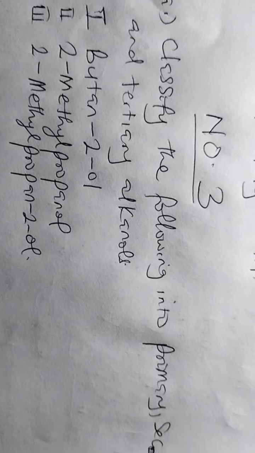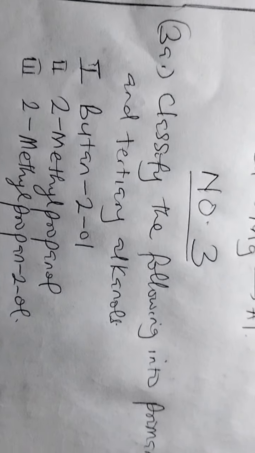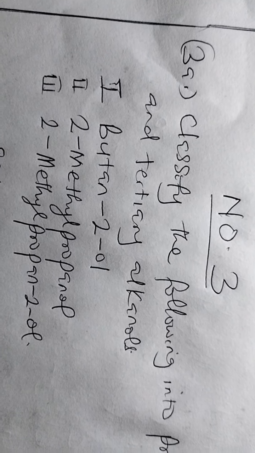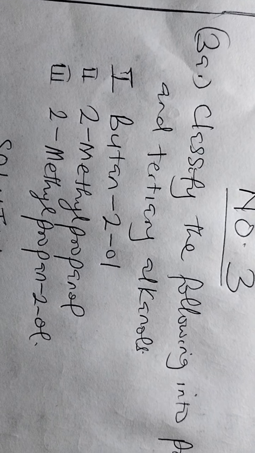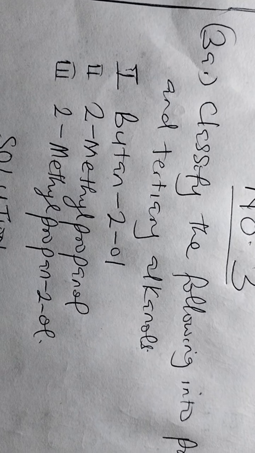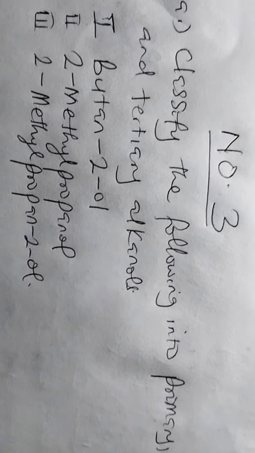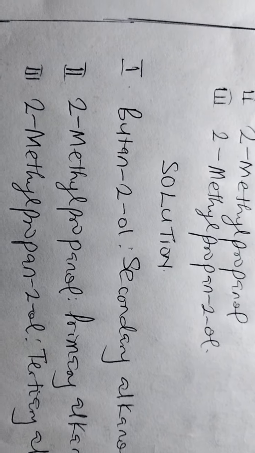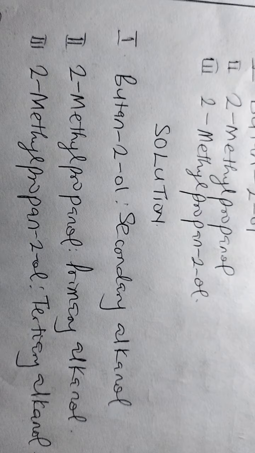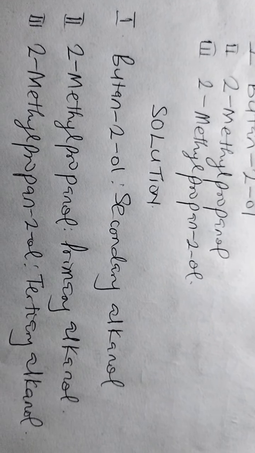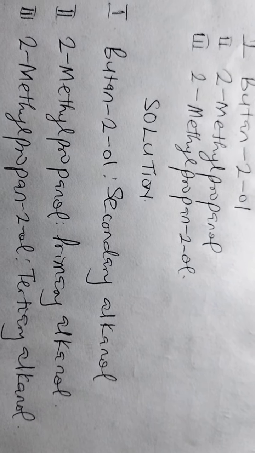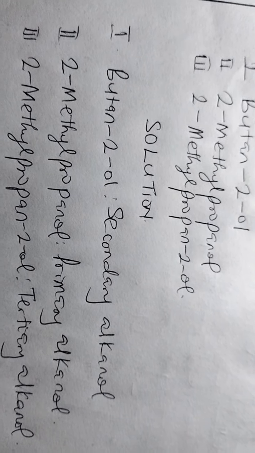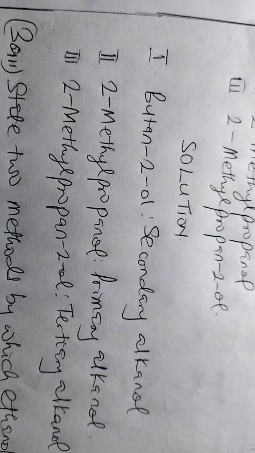Number 3 question says, classify the following into primary, secondary, and tertiary alkanols. I, butan-2-ol, II, 2-methylpropanol, III, 2-methylpropan-2-ol. Solution: butan-2-ol is a secondary alkanol because it has two alkyl groups bonded to the carbon of the hydroxyl functional group.